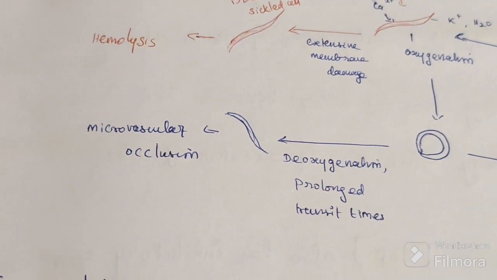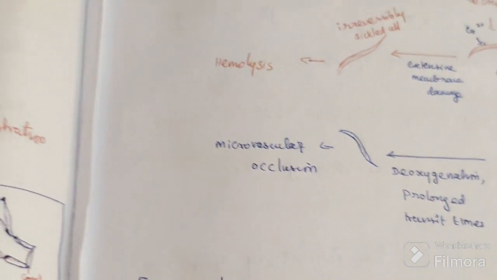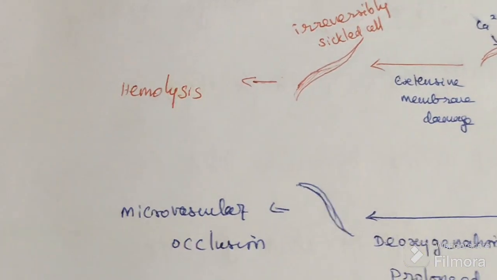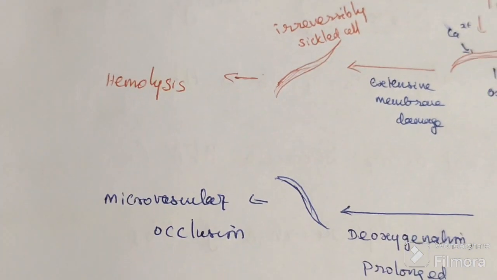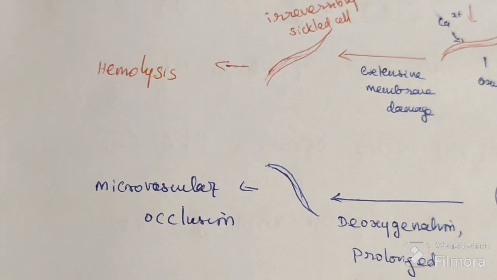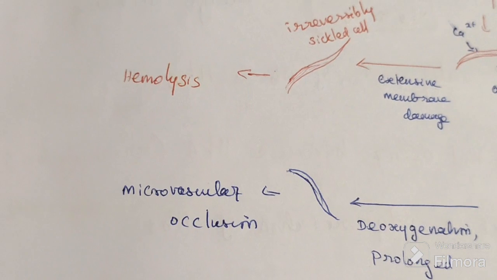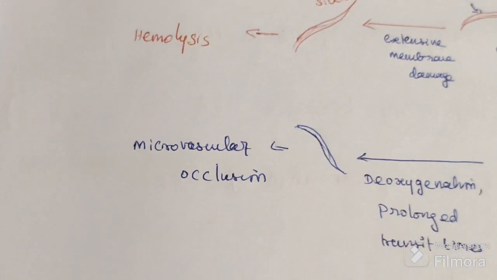So basically we have two end results. What are the two end results? Microvascular occlusion and anemia.